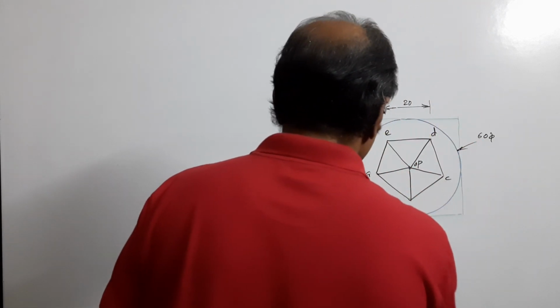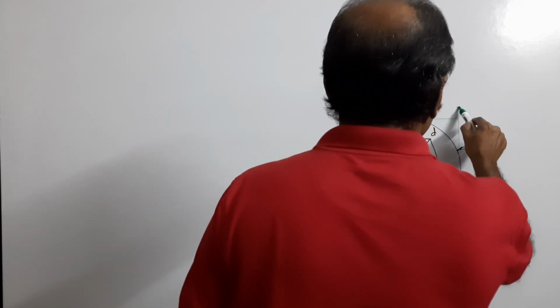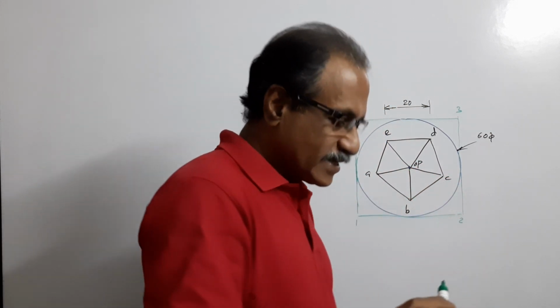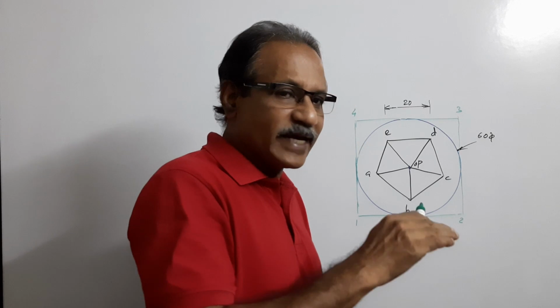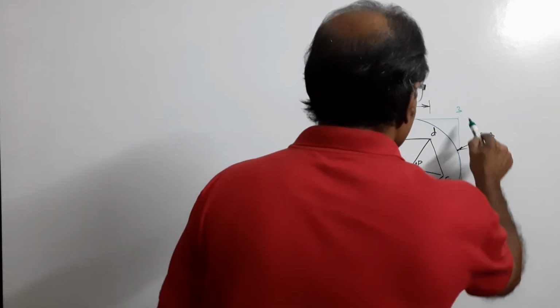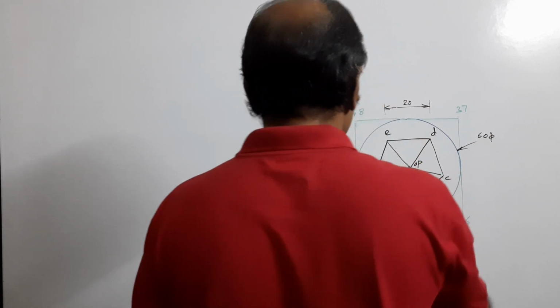The square is 1, 2, 3, 4 at the bottom. Since the slab is 40 mm thick, I am marking 5, 6, 7, 8 on the top.